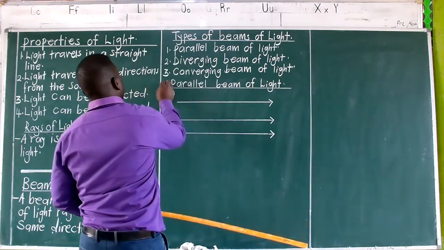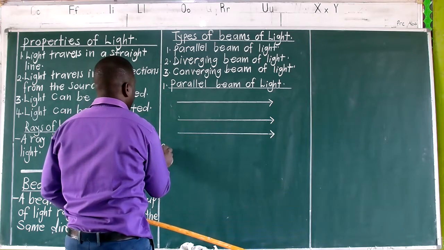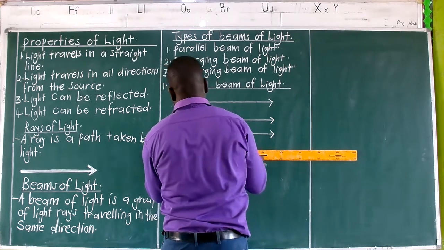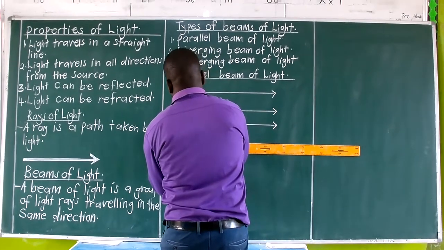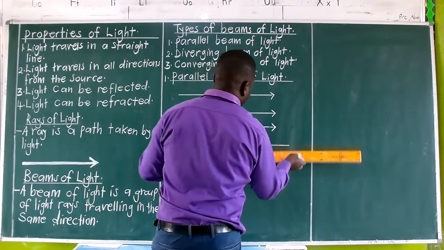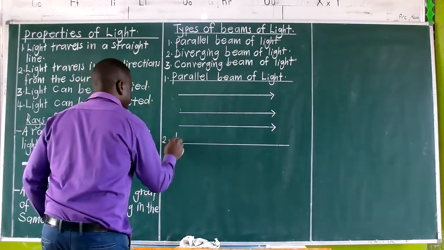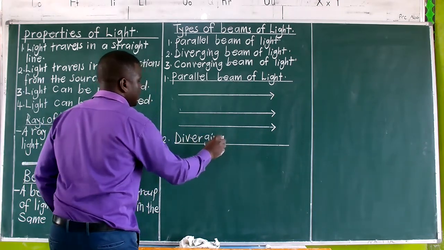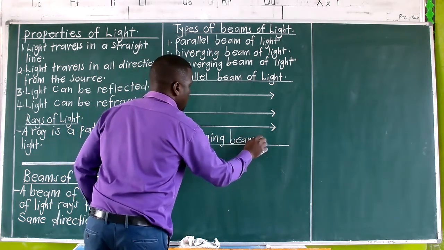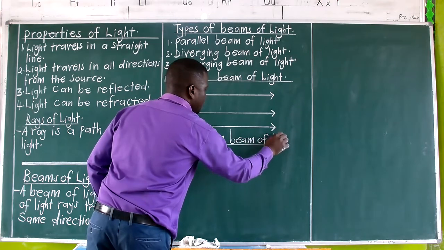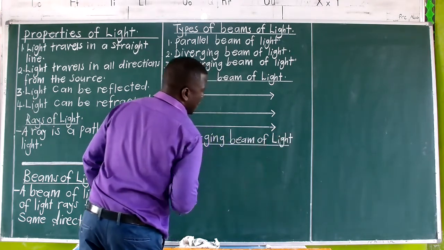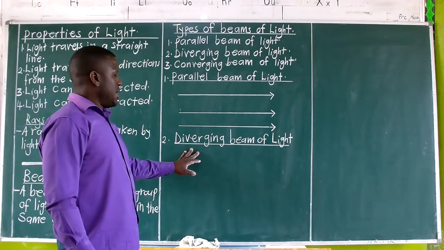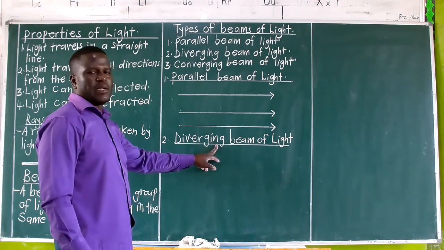Next we look at number 2, diverging beam of light. First of all, the word diverging comes from the word diverge.